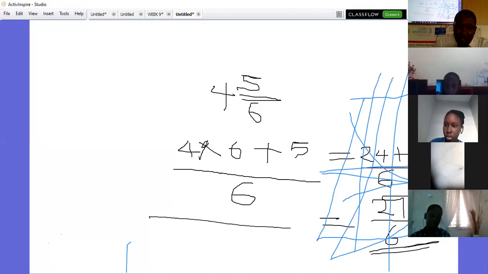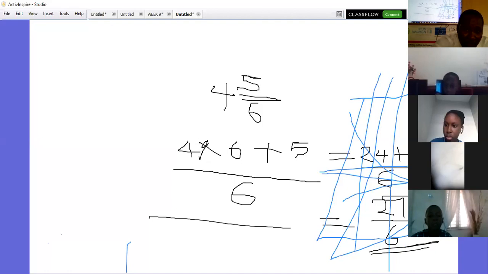So when we are changing a mixed fraction into an improper fraction, we multiply the whole number by the denominator, then plus the numerator, then everything over 6.